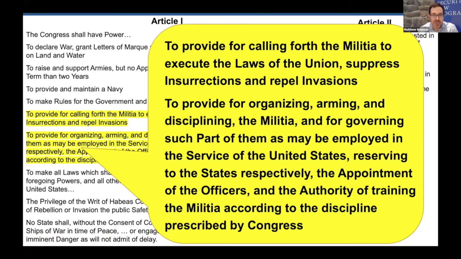There's a lot going on in these clauses, and they are part of a very big compromise that we don't really think of that much today, but which was a huge deal at the founding.